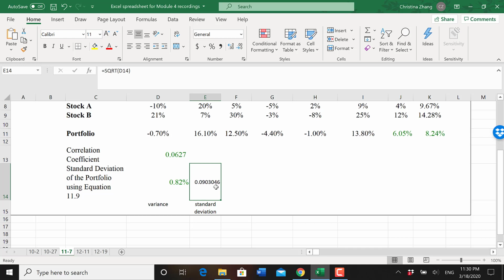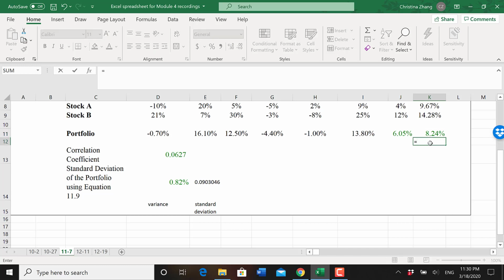But you notice the number here is slightly different from the number over here. The question is why? The reason the number is slightly different is that this formula usually assumes you are calculating a sample standard deviation, not the population standard deviation. Remember, when we did the calculation over here, we actually used the population standard deviation.